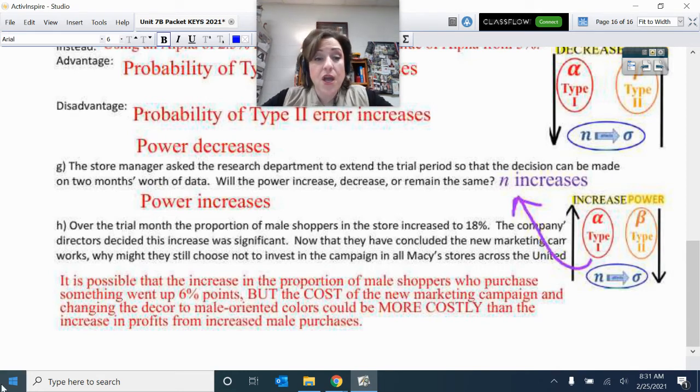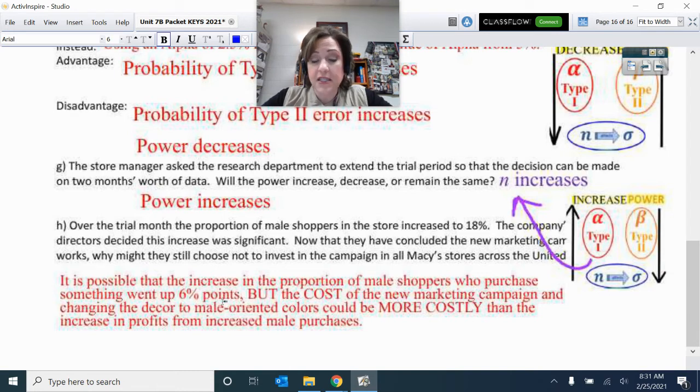Well, in the real world, they're going to do the cost analysis. It is possible that the increase in the proportion of male shoppers, even though it went up 6%, the cost of all of that new marketing campaign, switching all the things over, if they're changing the decor in all the stores, that's quite costly.